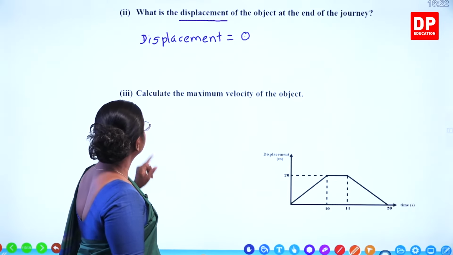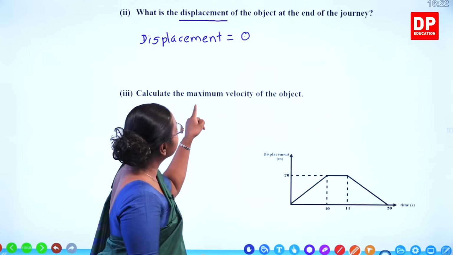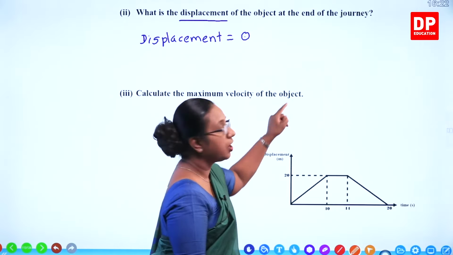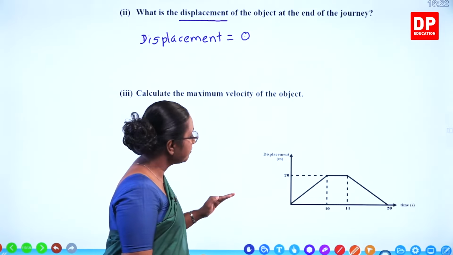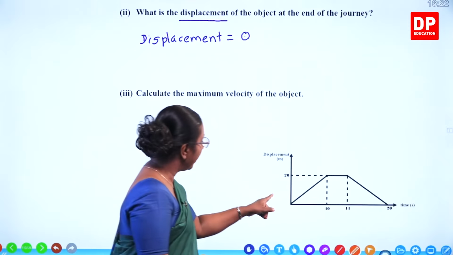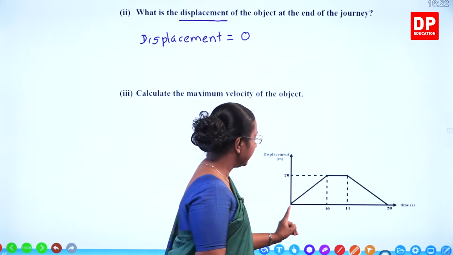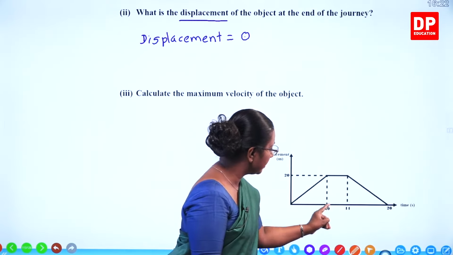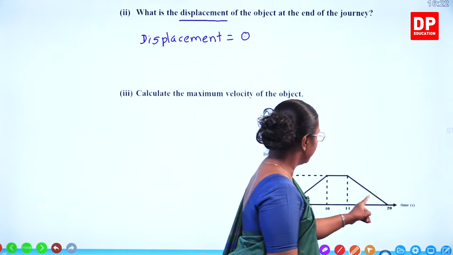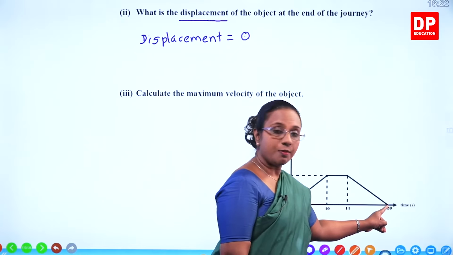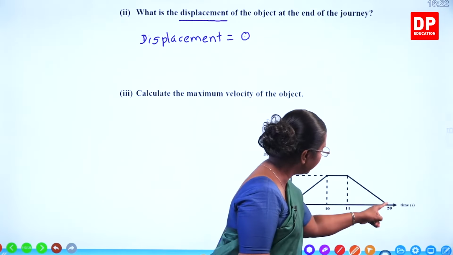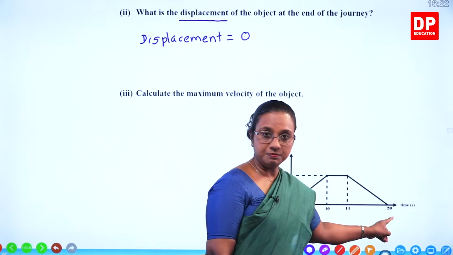The next question, calculate the maximum velocity of the object. The maximum velocity is obtained when the displacement is in one direction. Here it takes 10 seconds, but here it moves in the opposite direction within a different time period.